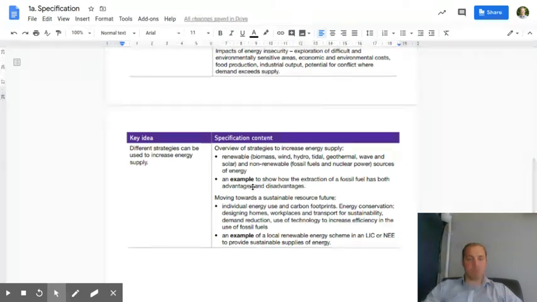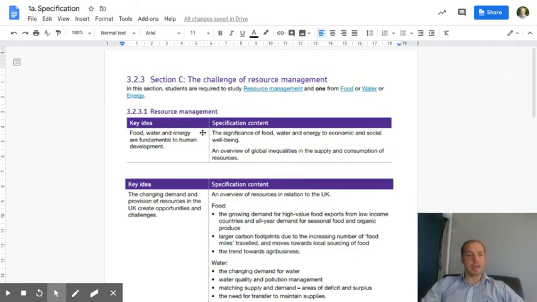You can see throughout here there are various examples, case studies that we need to look at. And this point, when we finish this, we will certainly be at the end of term. This might roll over into September, but hopefully we're going to get everything wrapped up before we break up for the summer. So at the top here, this is what the first lesson is going to be about.